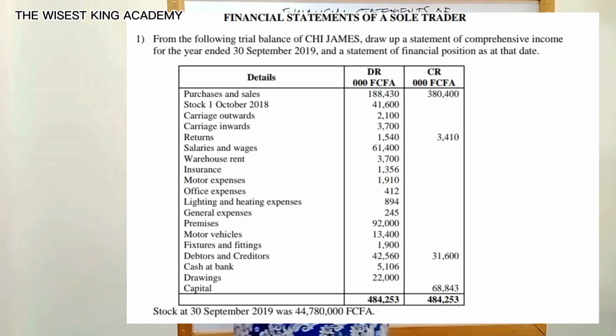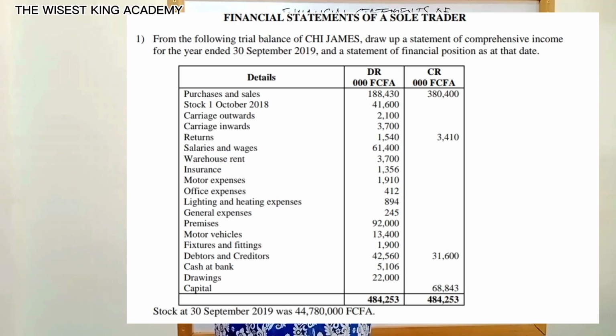Here we have purchases and sales, stock as at 1st October 2018, carriage outwards, carriage inwards, returns inward and outwards, salaries and wages, warehouse rent, insurance, motor expenses, office expenses, lighting and heating expenses, general expenses, premises. Premises is another name for land and building. Then motor vehicles, fixtures and fittings, debtors and creditors, cash at bank, drawings, capital.